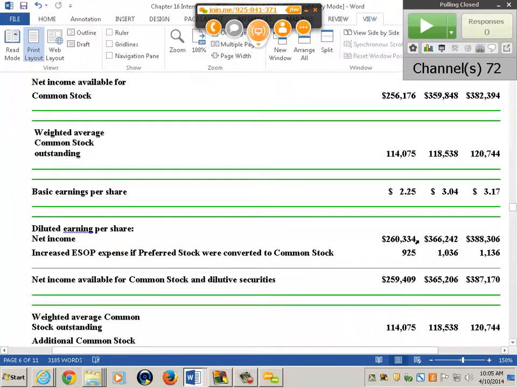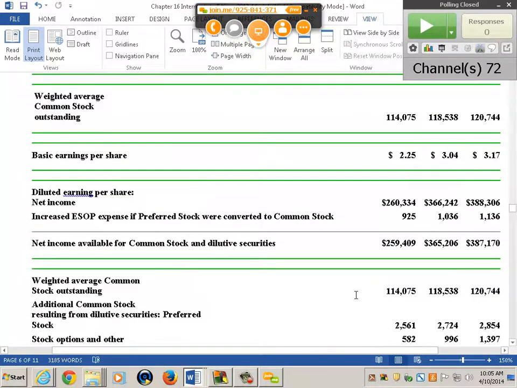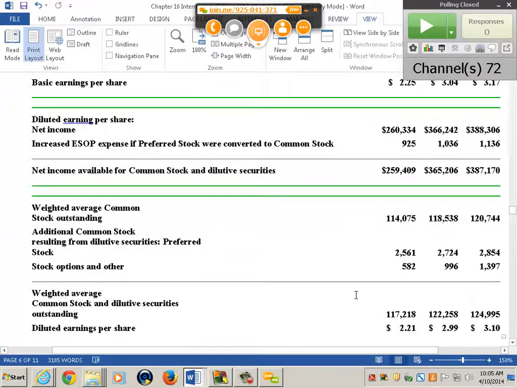So what happens here, we take the income after we add back the preferred dividends. So you got 260 when we're starting to calculate diluted. You've got 260,334. Then you notice from the screen, we're going to subtract out the expenses. And then the shares are going to be increased from the conversion of the preferred and then the stock options.